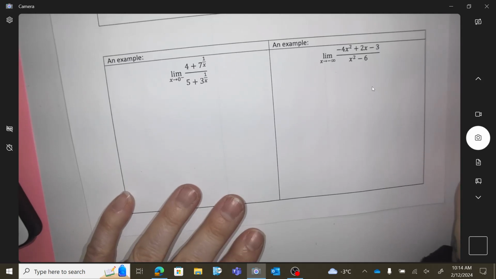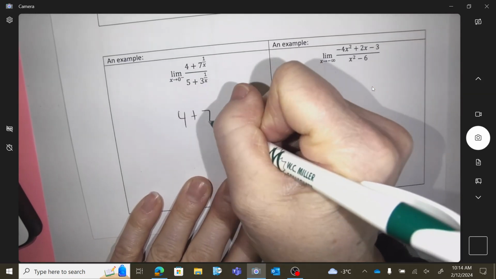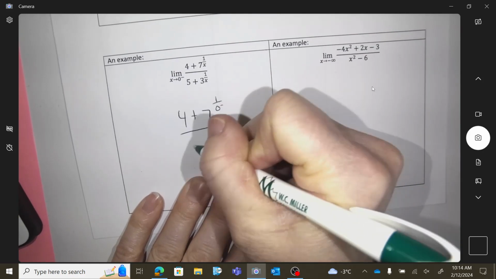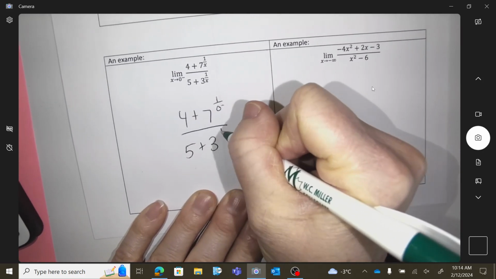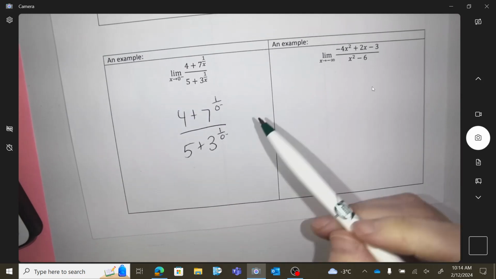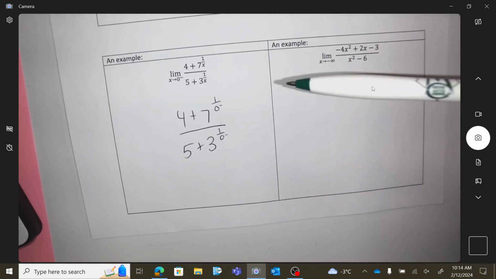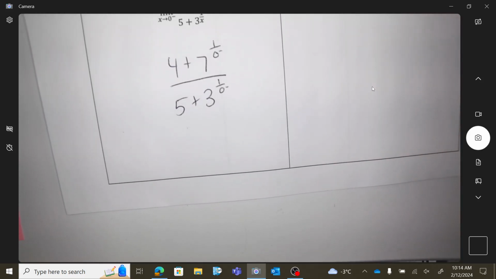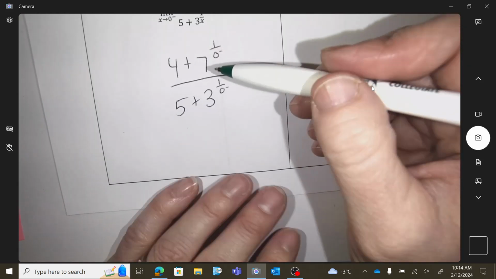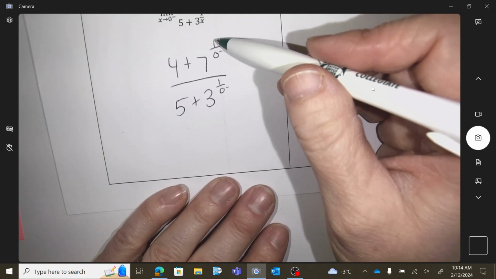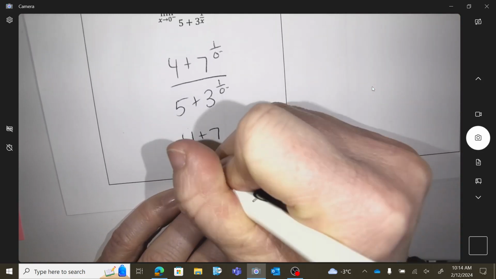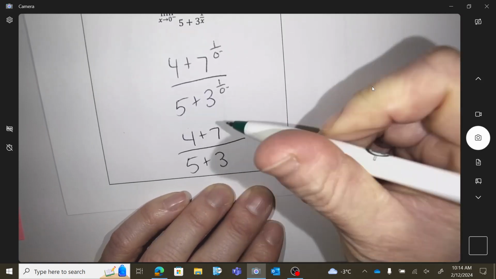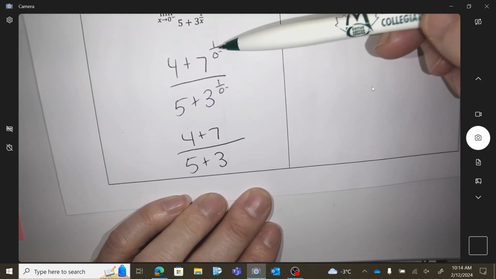Okay, so let's talk about this one. So if I put a 0 negative in for the x. So as x approaches a small negative number, okay, what does that turn into?